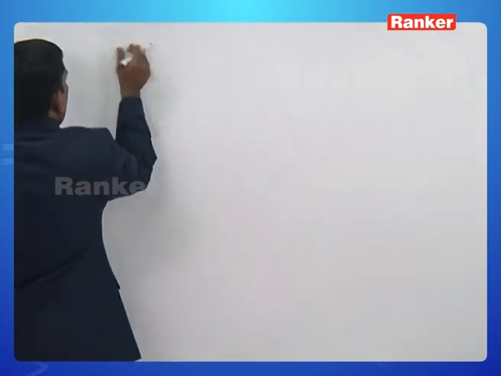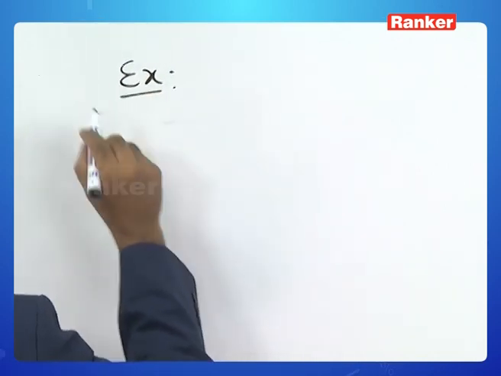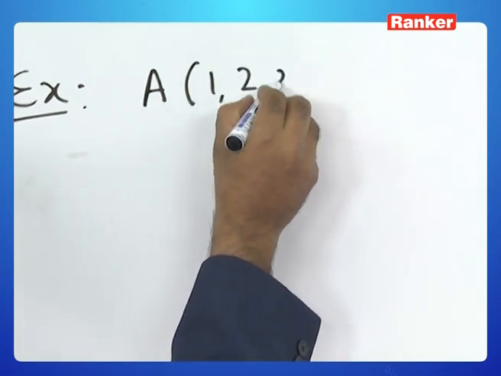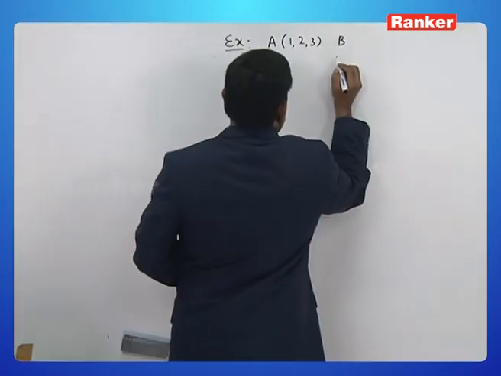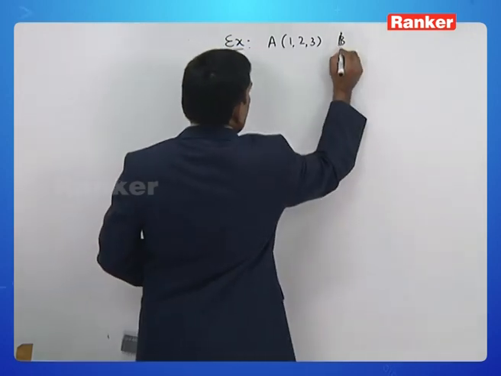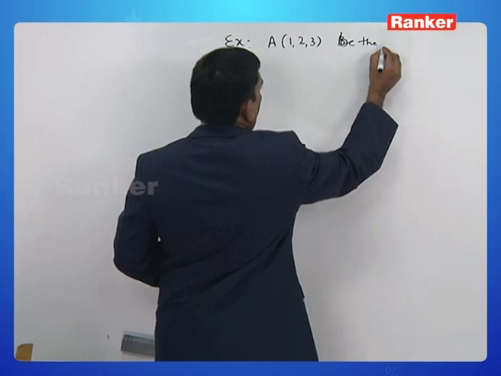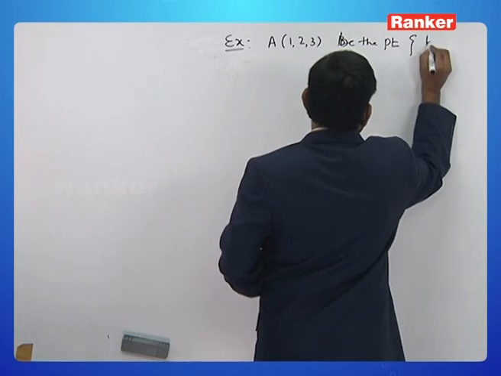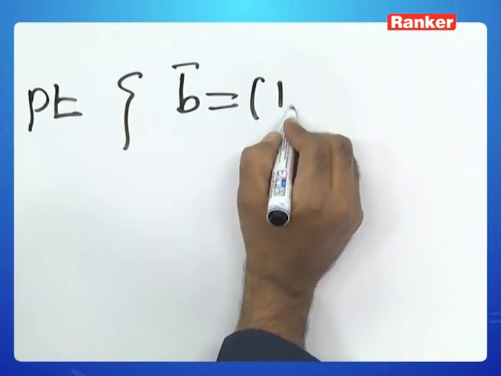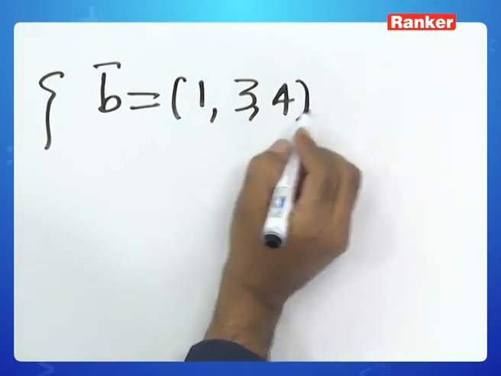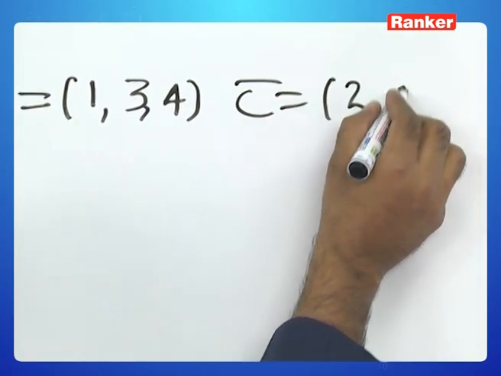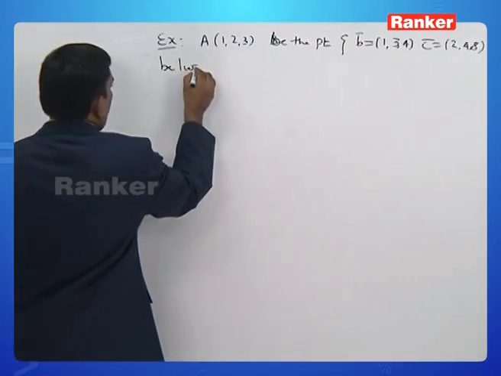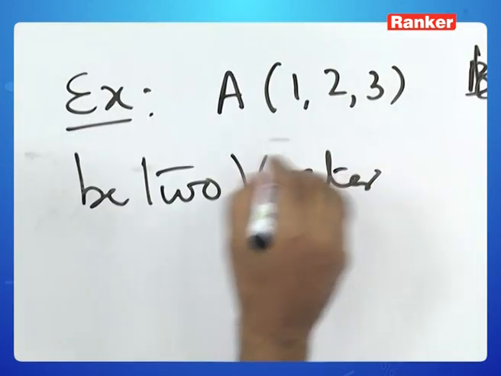The example is: A is the point (1, 2, 3), B bar is equal to (1, 3, 4), C bar is equal to (2, 4, 8), these are vectors.